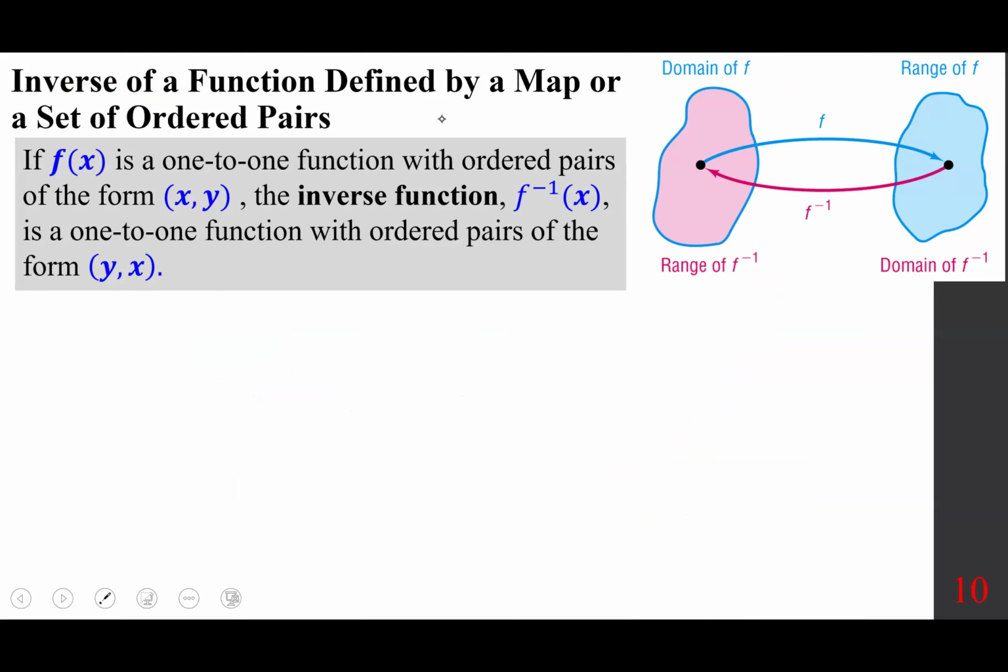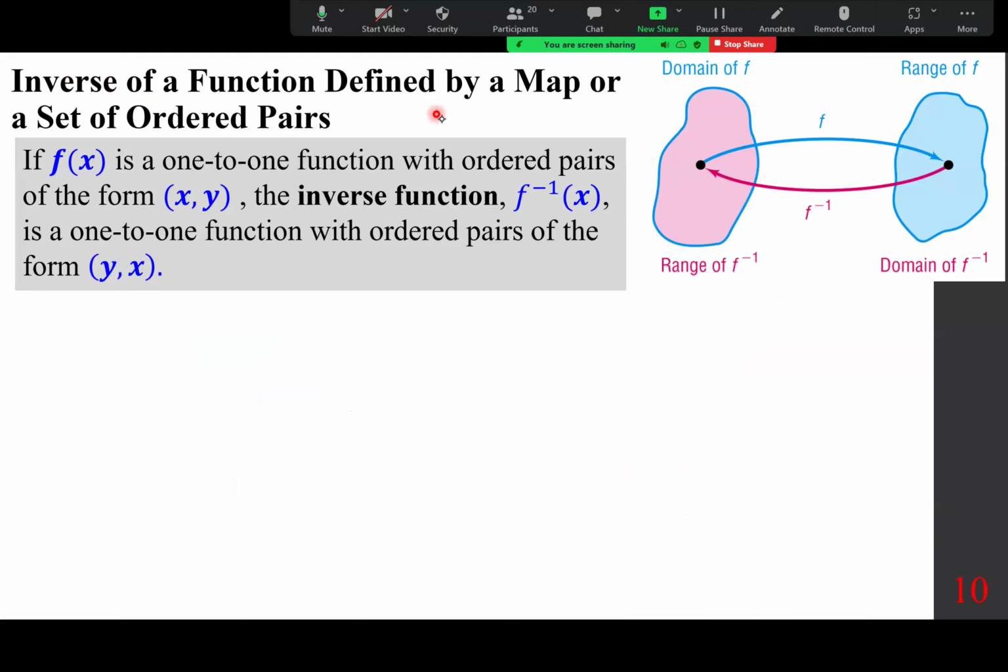Inverse of a function defined by a map or a set of ordered pairs. If f(x) is a one-to-one function with ordered pairs of the form (x, y), the inverse function f inverse of x is a one-to-one function with ordered pairs of the form (y, x).